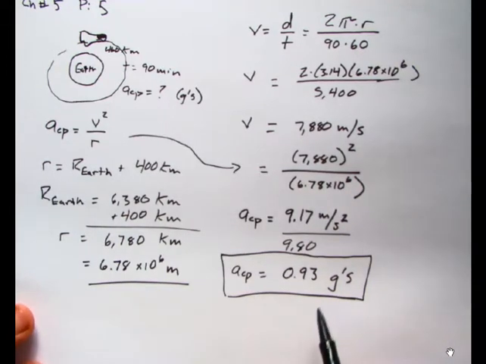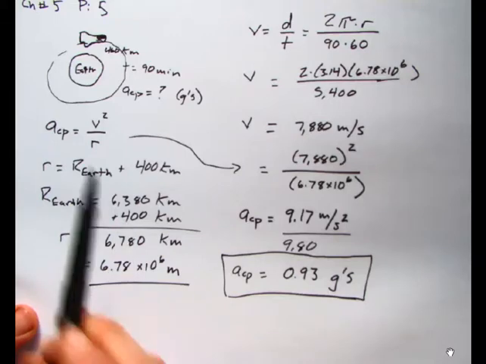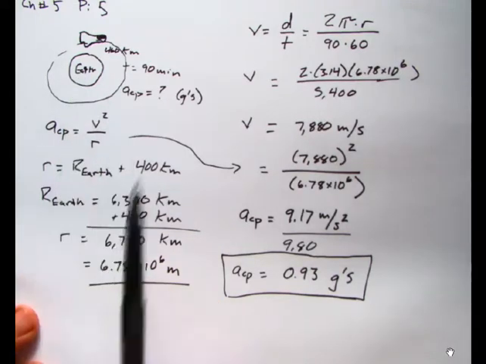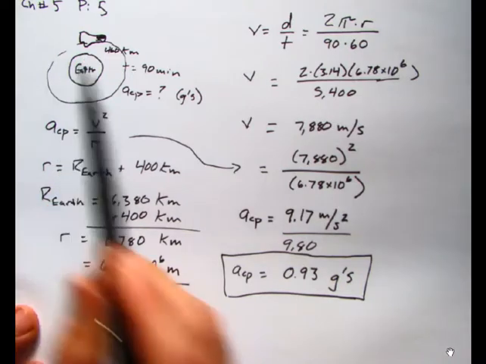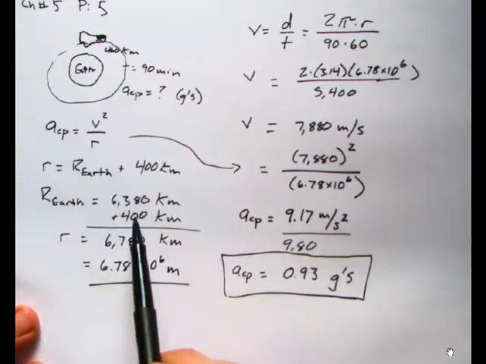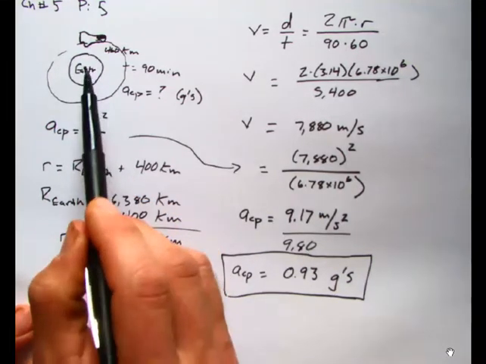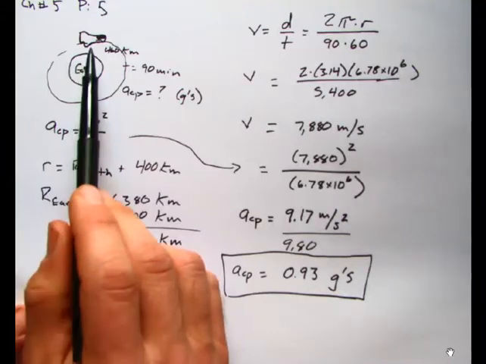Now, when you think about this, it kind of makes sense. I mean, if this is 6,380 kilometers from the center of the Earth to the surface, you're really only adding 400 kilometers. It's not like you're tripling the radius from the center of the Earth if you go into orbit.